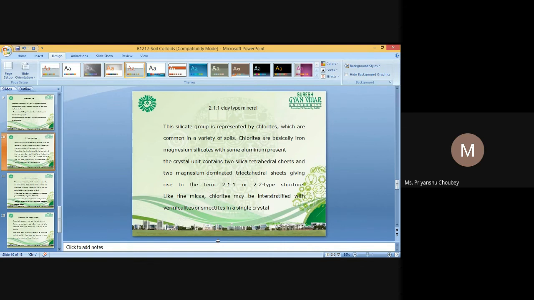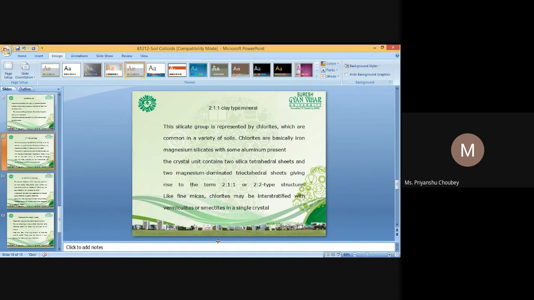The second one is folistic epipedon, from the Greek folia, meaning a leaf layer, with high organic matter, saturated with water for less than 30 days, and bulk density less than 0.1 megagram per meter cube, or organic carbon 8 to 16 percent depending on the clay content.